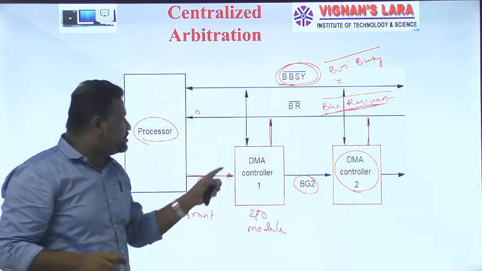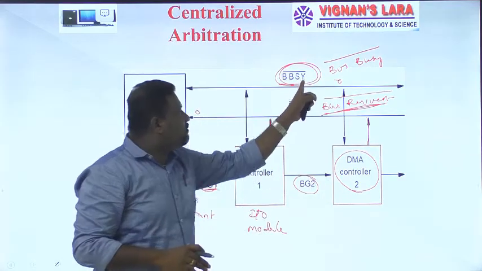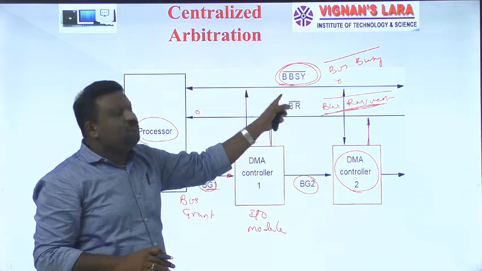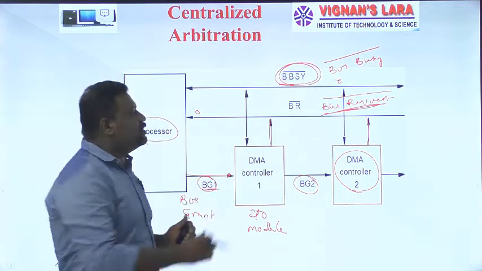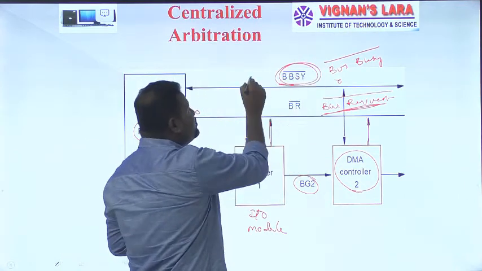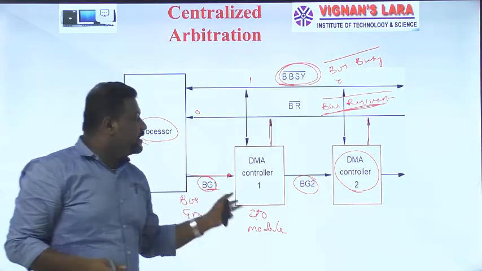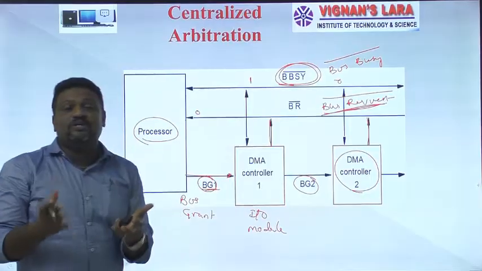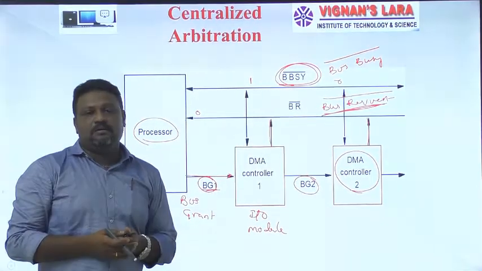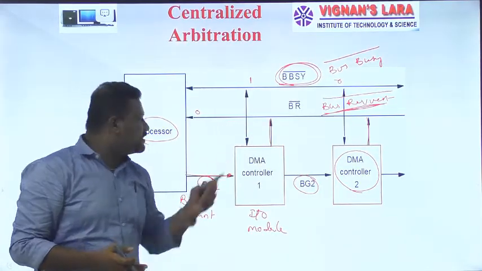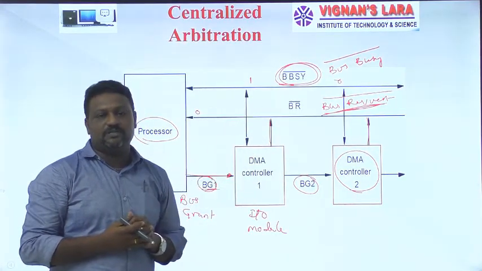The devices get that information by investigating this particular signal. Whenever they identify the logic level on BBSY bar change to 1, that means the bus is free. At that point, these devices try to get the bus mastership, and for that purpose they send their request signals.